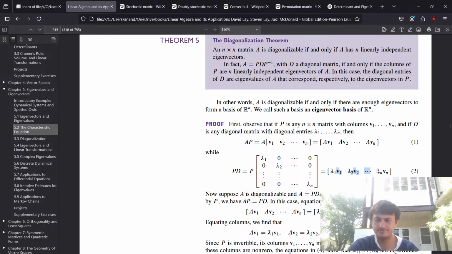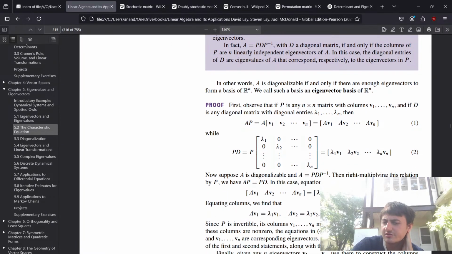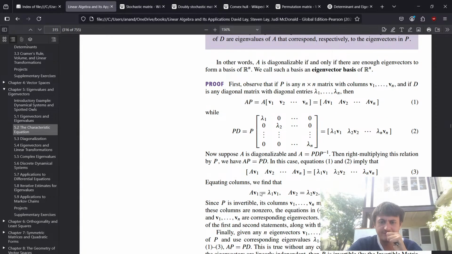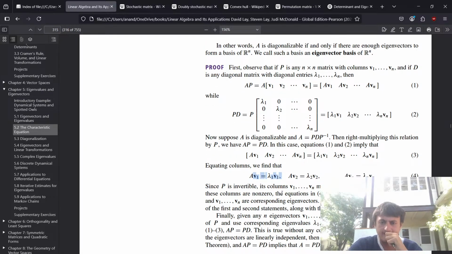Okay, so I see that. Now suppose that A is diagonalizable and A is equal to P D P inverse. Then multiplying this relation by P, we have AP is equal to PD. In this case, equations 1 and 2 imply, equating columns, we find that, yeah, okay, oh wow.